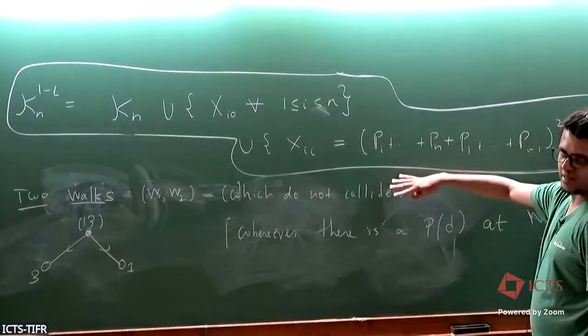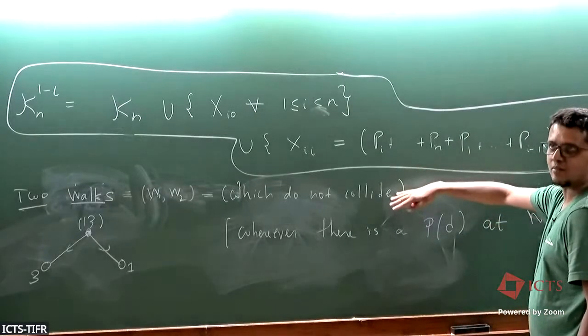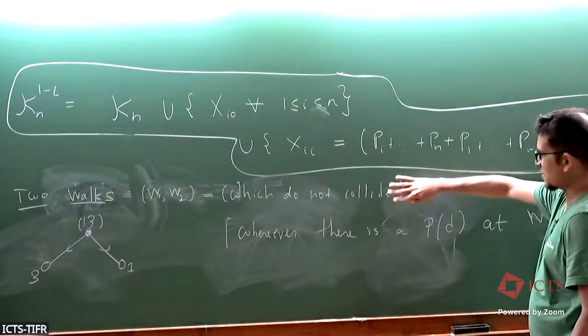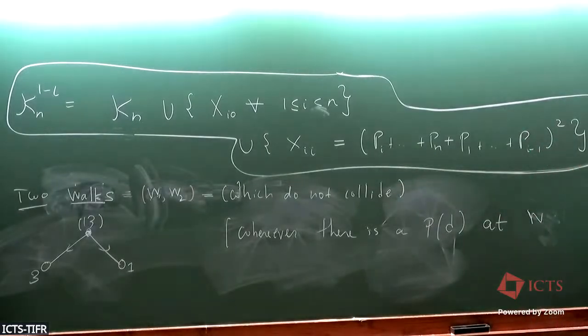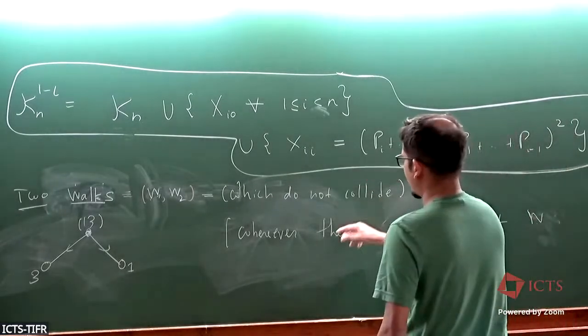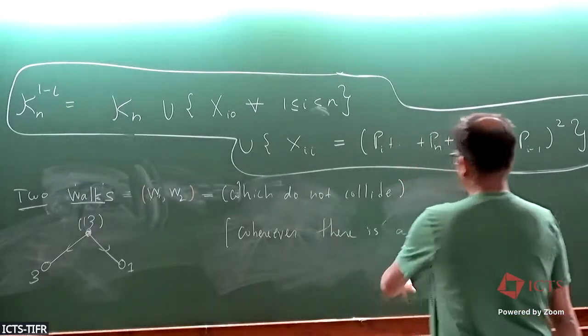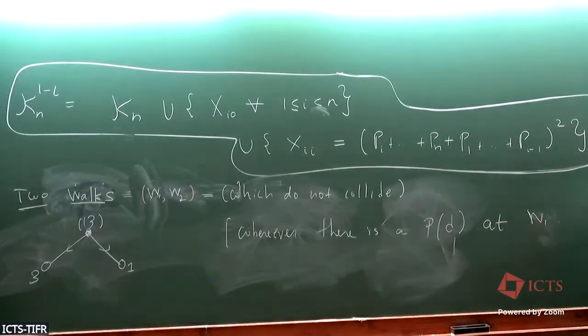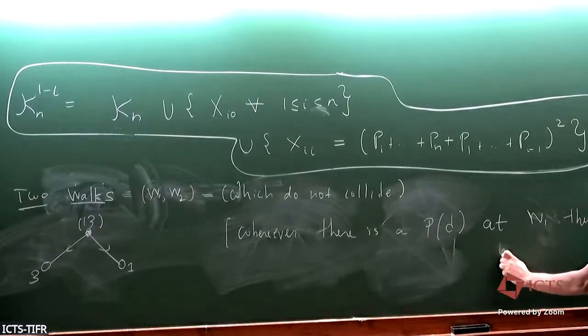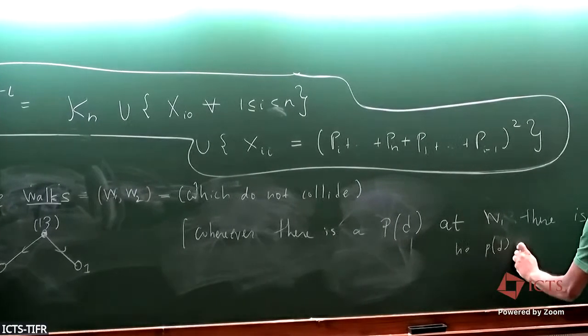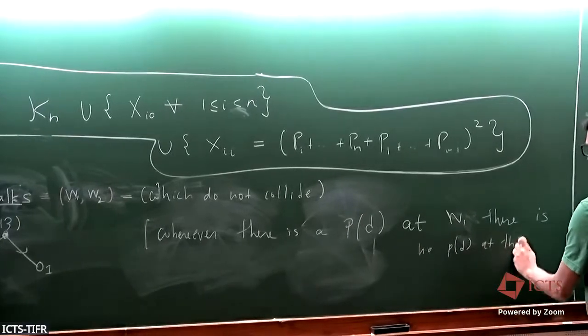In the math literature, they are called non-kissing, but I don't want to use that in the seminar, so we just call them non-colliding. They are non-colliding if wherever there is a peak or a dip at W1, there is no peak or dip at that vertex for W2.